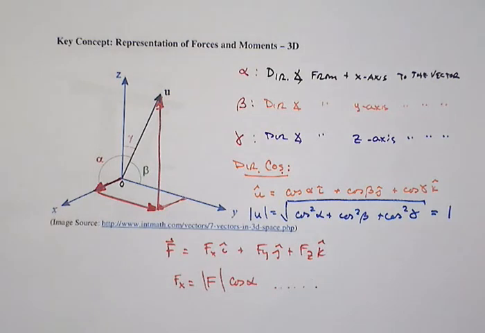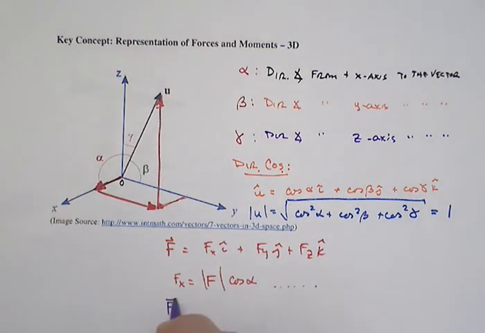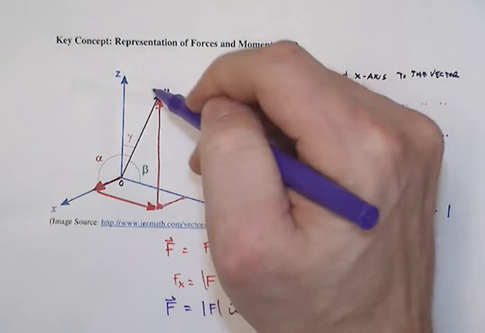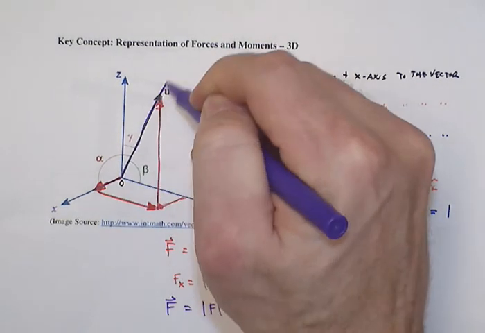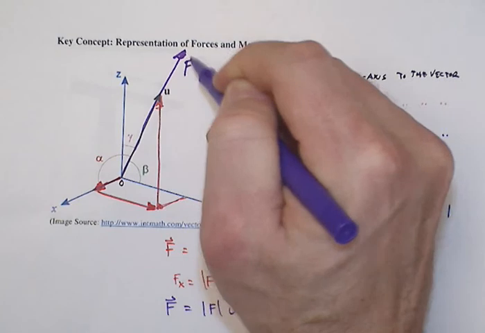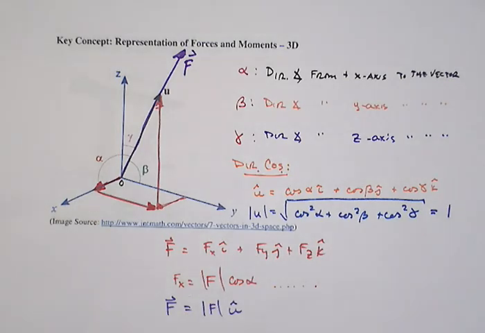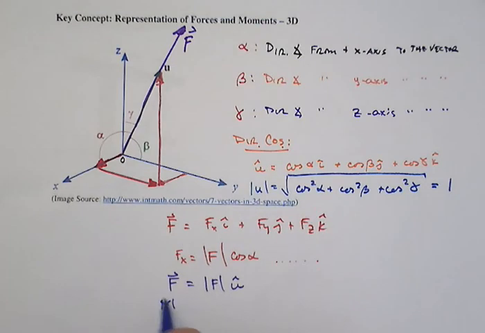Such that you can write F as equal to its scalar magnitude times that unit vector, assuming our F is going on like so. And we turn that into a moment simply by talking about it in terms of moment equals scalar x component plus scalar y component plus scalar z component.